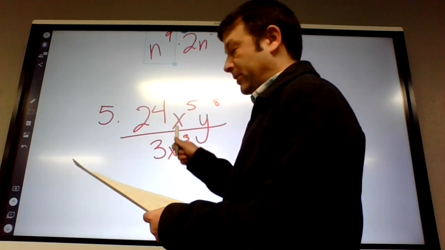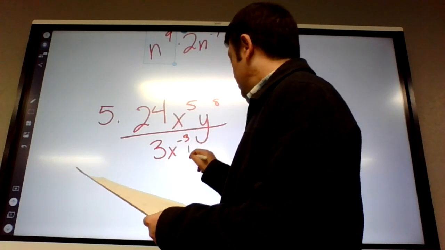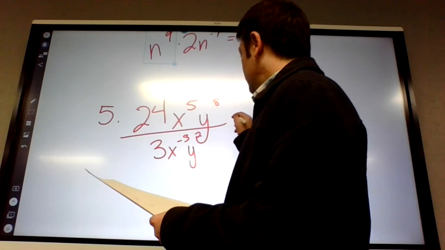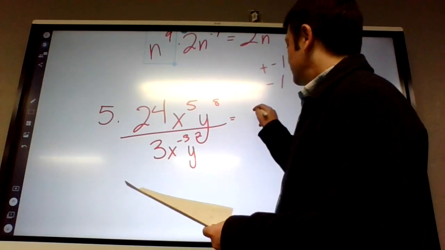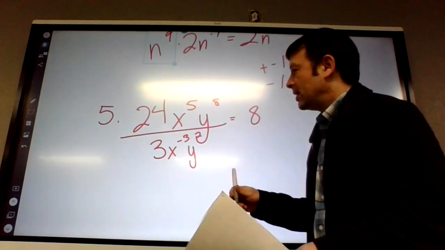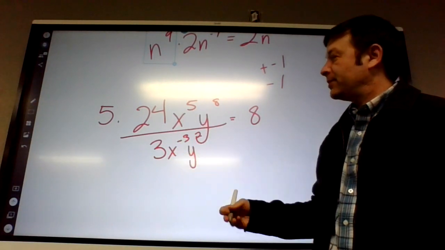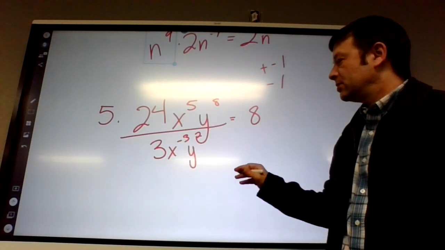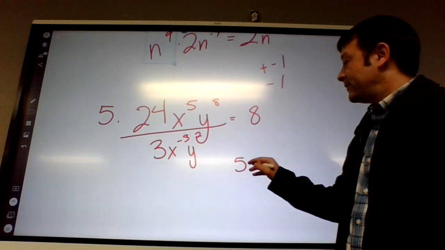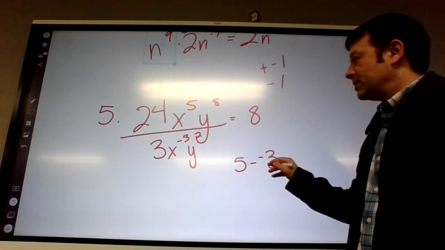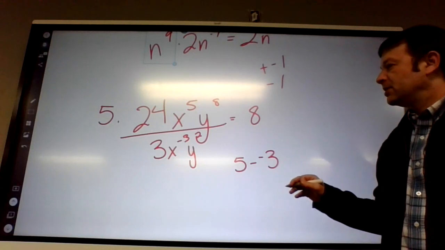So 24 divided by 3. That's just 8. And then, what do we do with the exponents here? x5 divided by x negative 3. How do we do that? Subtract. Right. So it's 5 minus negative 3. Would be 8.